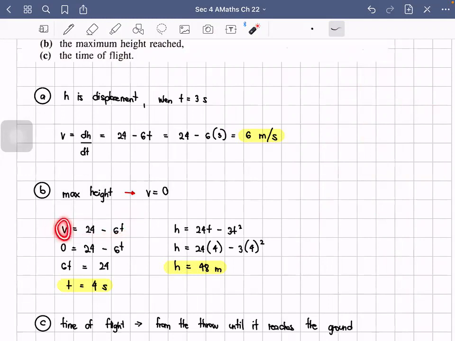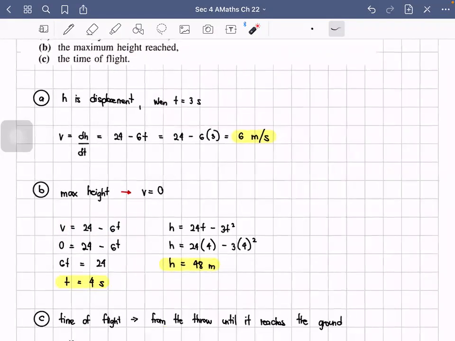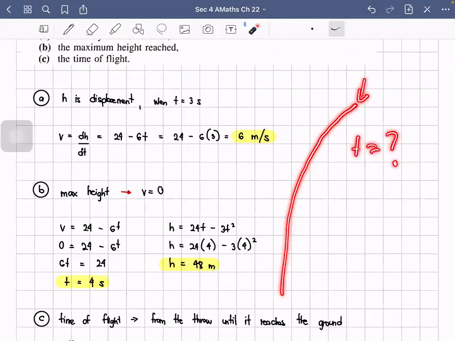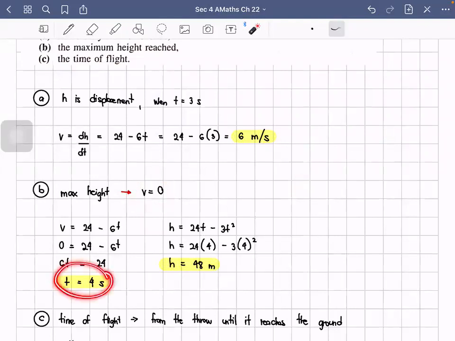So what do we need to find here? We need to find the height. To find the height, we need to find the time first, the amount of time it took the stone to reach this height. That comes out of our velocity function, because we know that the velocity here is 0. Solving for t gives 4 seconds.